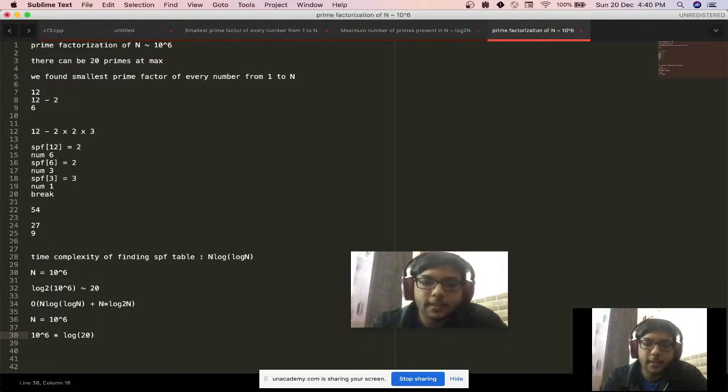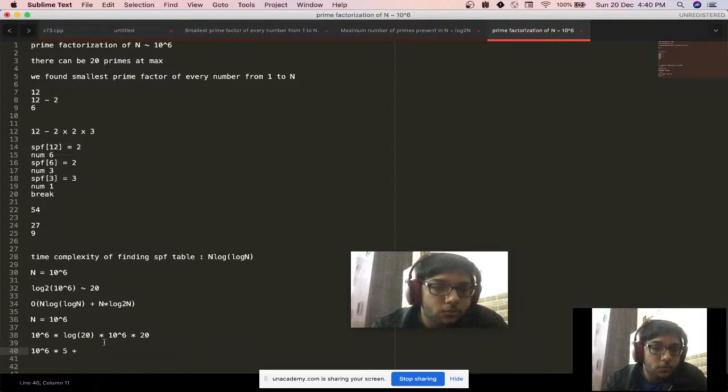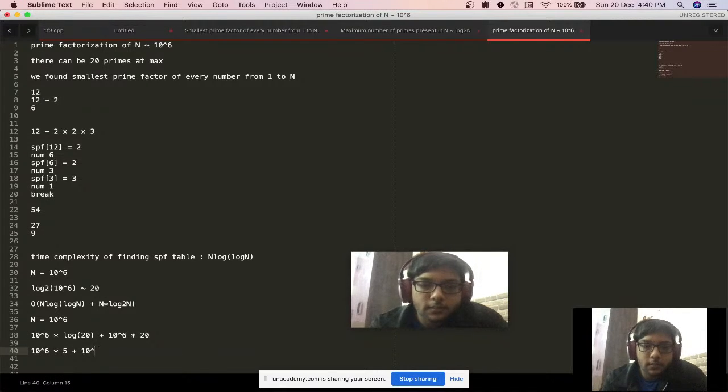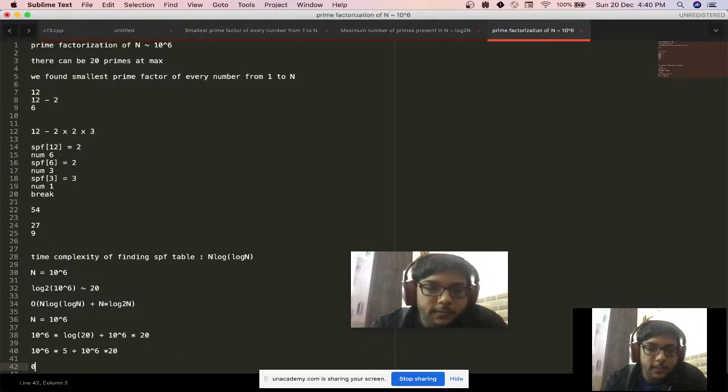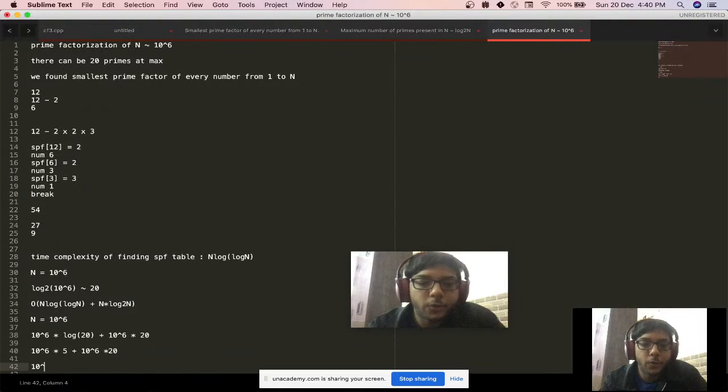First log n is 20, then multiplied by 10 power 6 into log of n, that is 20. So that is 10 power 6 into 5, plus, oh sorry, this is plus 10 power 6 into 20. So that becomes, taking 10 power 6 common, 25 into 10 power 6.